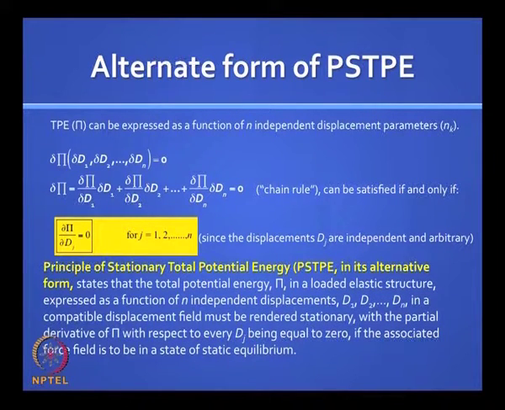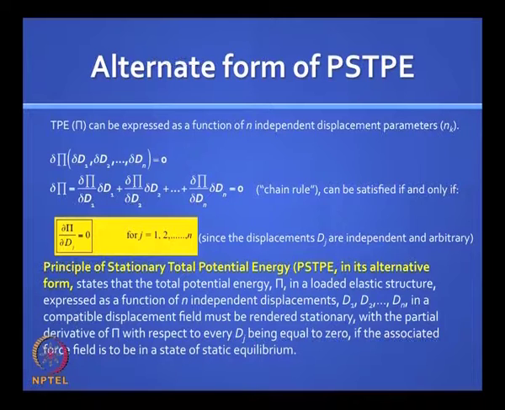So this is a better form for engineers to work with. And in this form, that same theorem says that when pi is expressed as a function of independent displacements d1, d2 etc. in a compatible displacement field, it must be rendered stationary with the partial derivative of pi with respect to every dj being equal to 0, and this happens if the associated force field is to be in a state of static equilibrium.